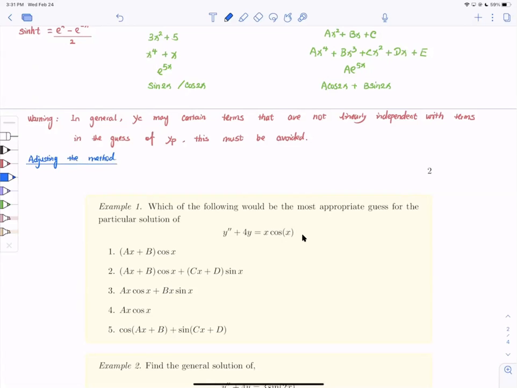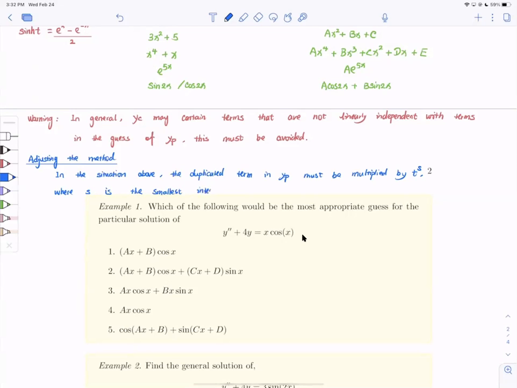So in the situation above, the duplicated terms in yp must be multiplied by t to the power of s, where s is the smallest integer that removes the duplication.